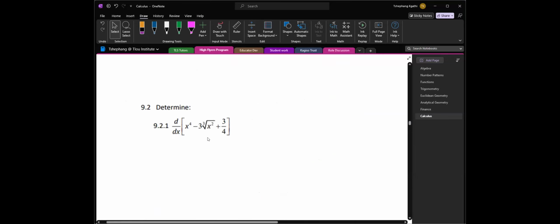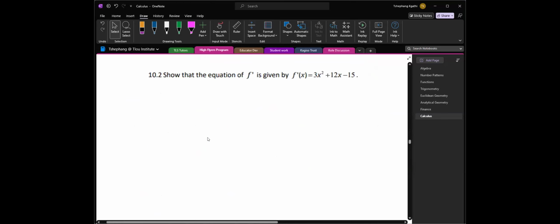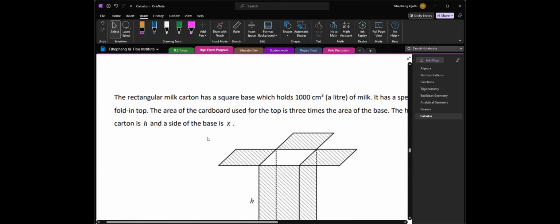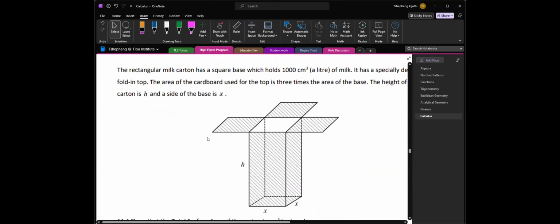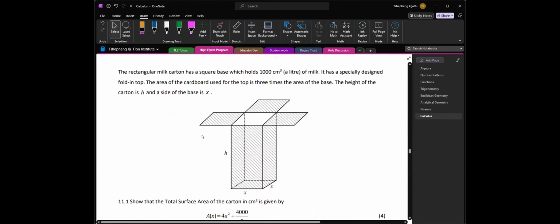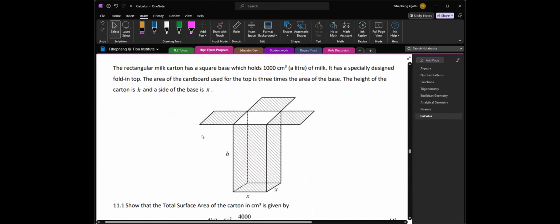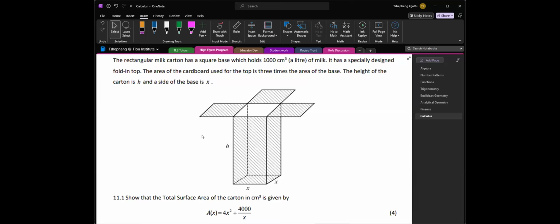I'm going to move on to more application of calculus. Okay, so here's a question. The rectangular milk carton has a square base which holds 1,000 cubic centimeters, or a liter, of milk.